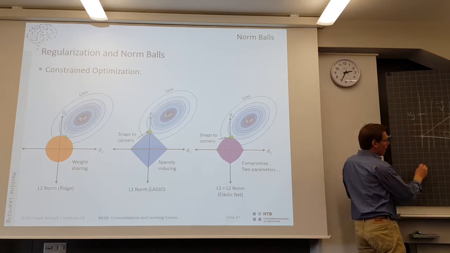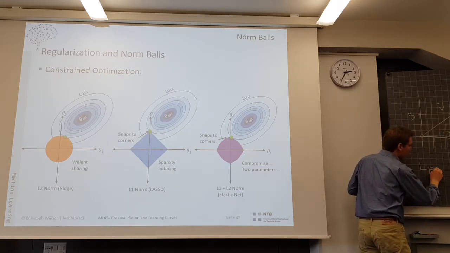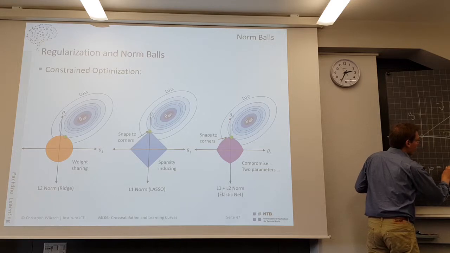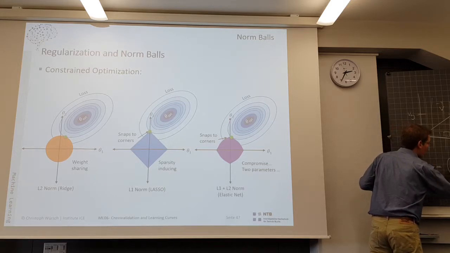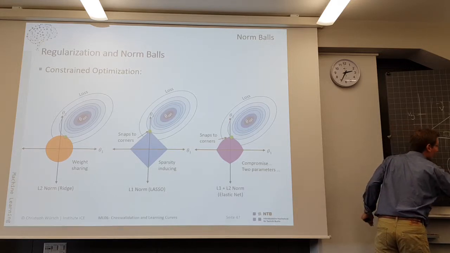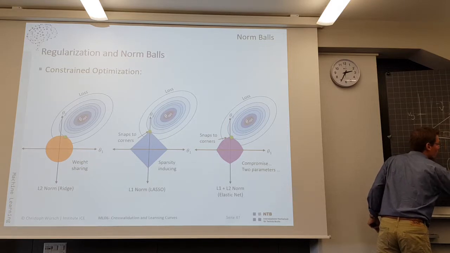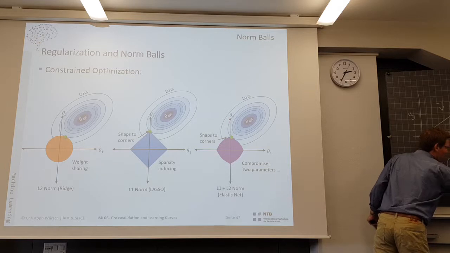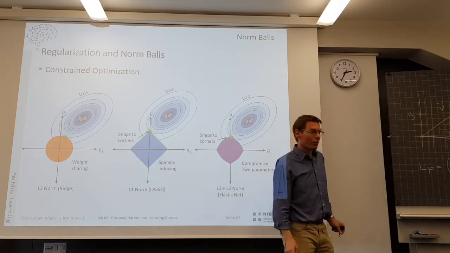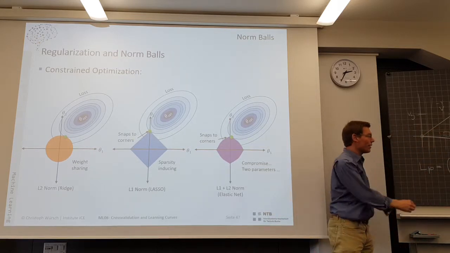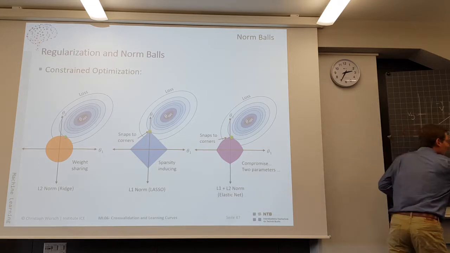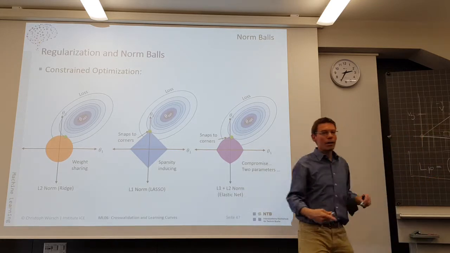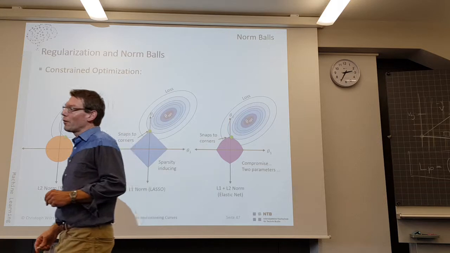The general Lp norm is then defined as, okay, sum of the vector components to the power of p, and then the p-th root. That's the Lp norm. And we normally only use 1 and 2, and then there's another one.